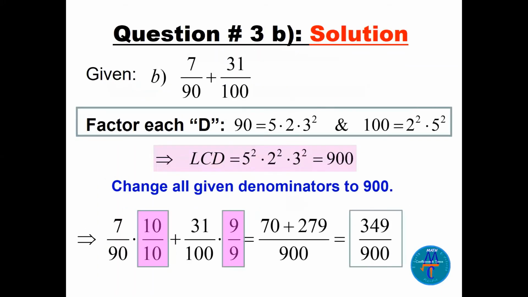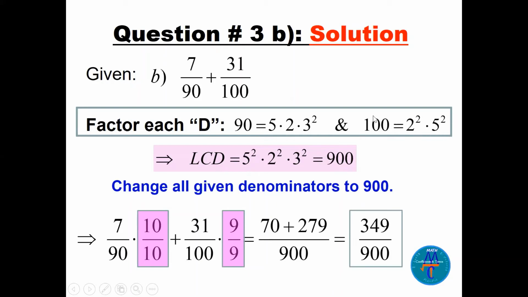Let's see part B. Okay, 90, what is 90? 9 times 10. 9 is 3 squared, 10 is 5 times 2. So I leave 90 here, you see 90? 5 times 2 times 3 squared. 100: 4 times 25, 2 squared, 5 squared.